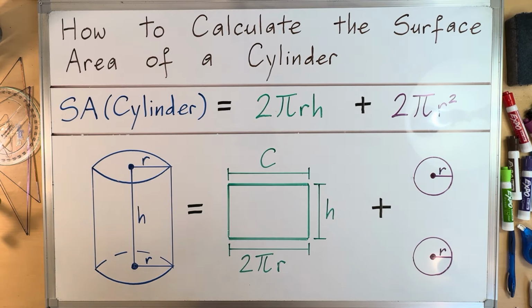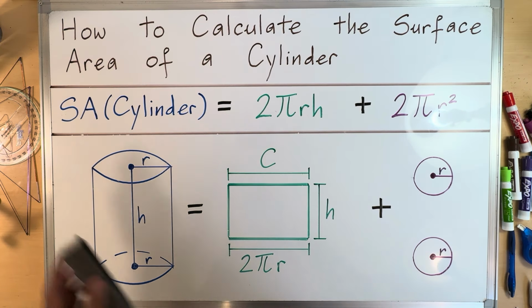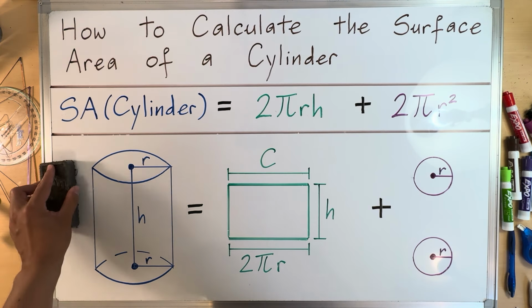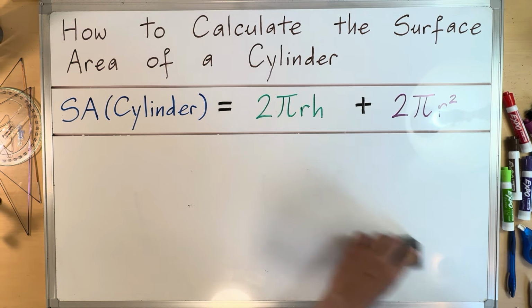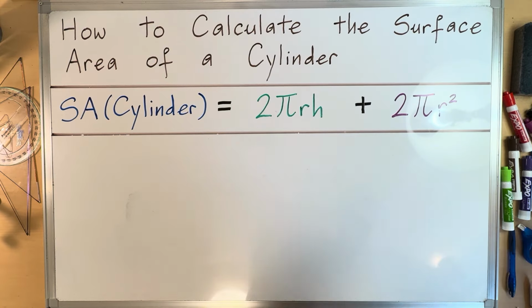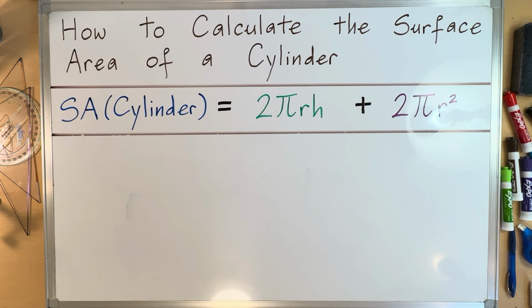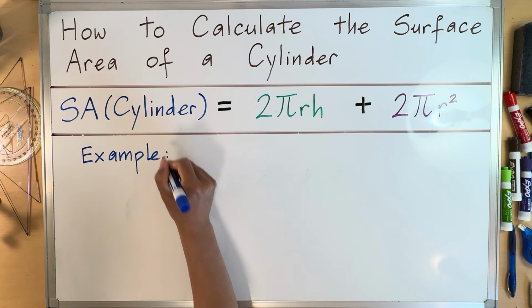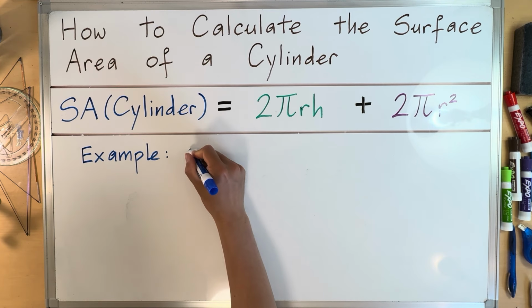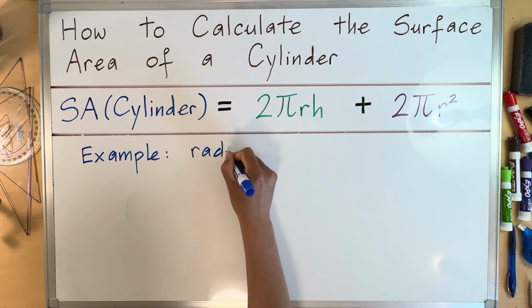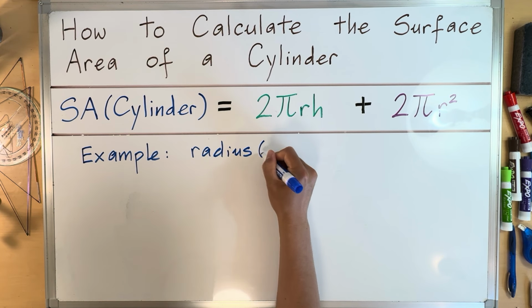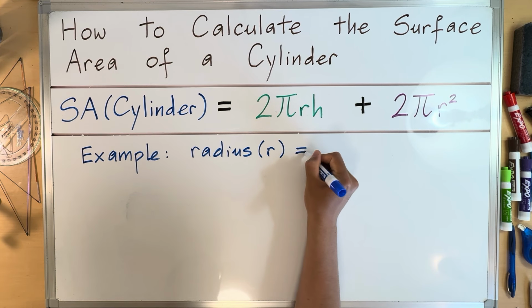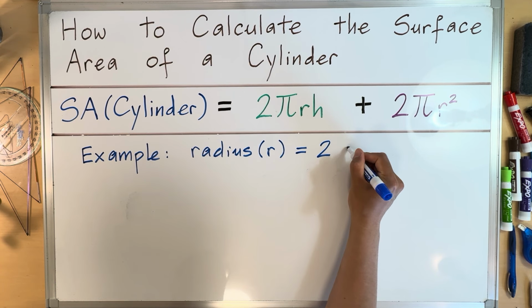So now, let us do a practical example together. As an example, let's suppose we have a cylinder with a radius R that is 2 meters in terms of length.